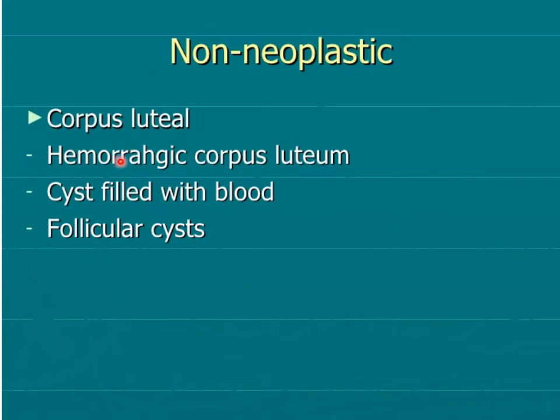They may show hemorrhage within them, so we call these hemorrhagic luteal cysts. The cyst is filled with blood, along with the normal or frequently seen follicular cysts.